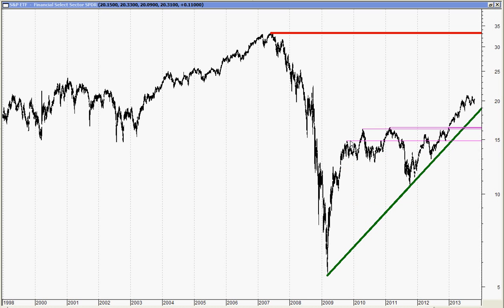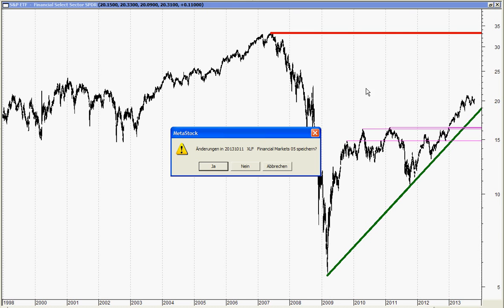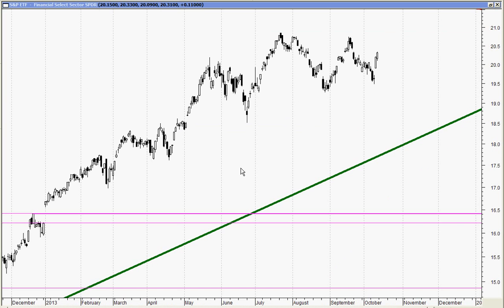Here we see the highs 2000 after the lows 2009, 2010, 2011 and 2012, always a little bit higher than the year before. The highs of 2012 were here, then we get a little bit lower, and then we see in 2013 prices above 2012. A great upside trend.